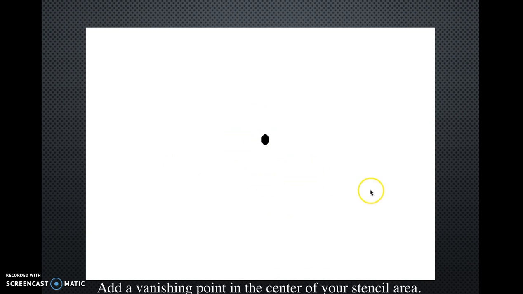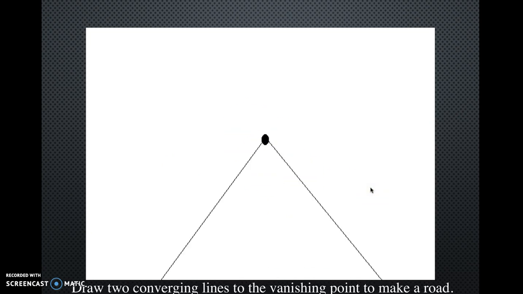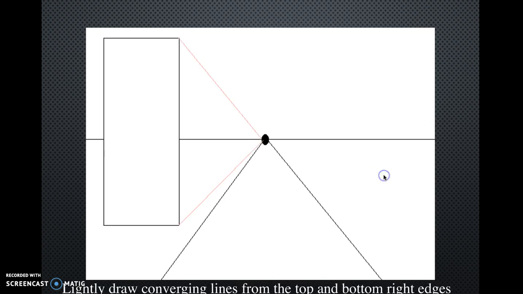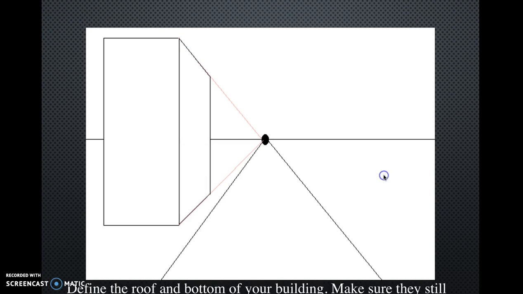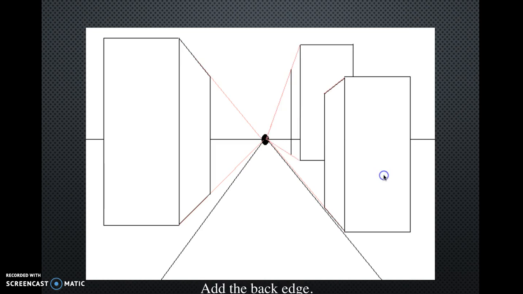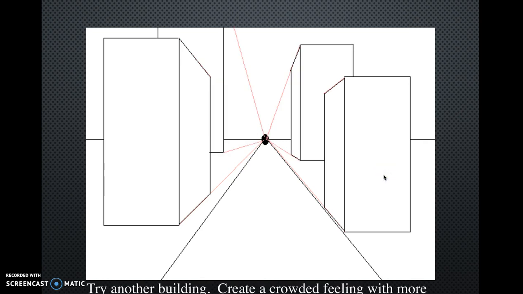There's the vanishing point. Step by step how to draw a 1 point perspective drawing so that they could use that information to create their locations. So this tutorial just basically walks you through how to do a 1 point perspective drawing.